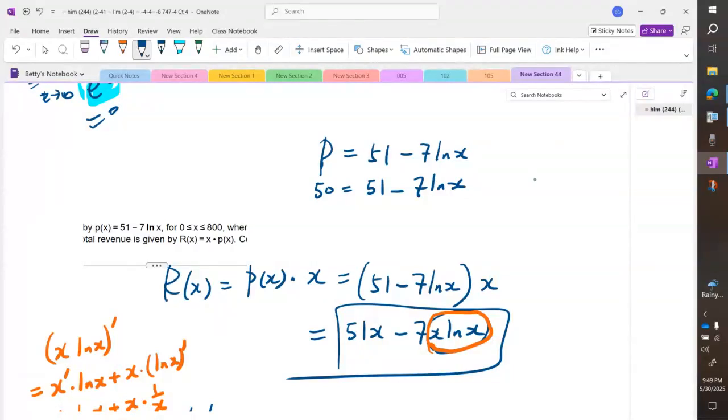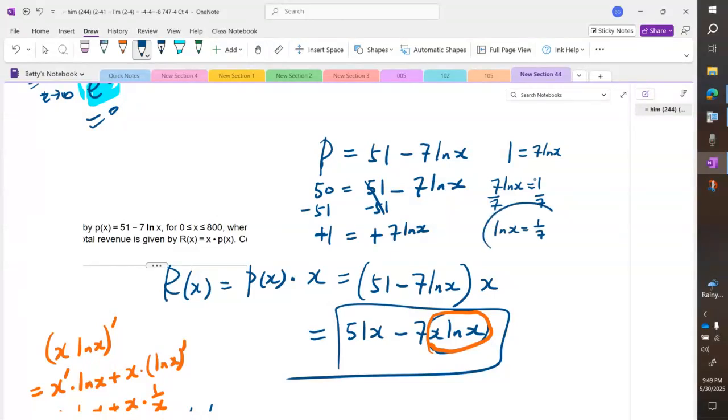We solve for x. Minus 51. We have -1 equals -7 ln x. Multiply -1 to each side, so positive, positive. Then we have 1 equals 7 ln x, or 7 ln x equals 1, divided by 7, ln x equals 1 over 7.